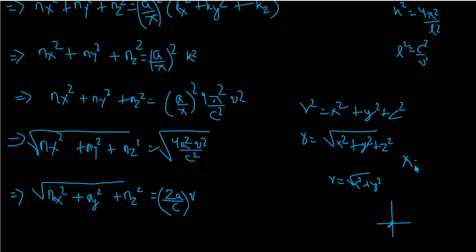So if I imagine the x coordinate as, let's say, 3, and the y coordinate as 4, and you square it, this expression gives a point maybe here. So this will be the radius.